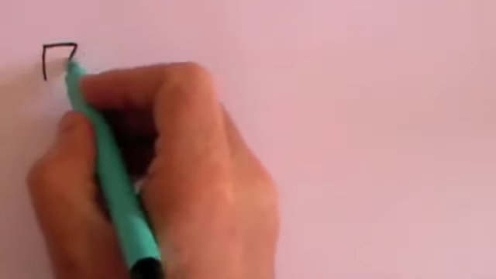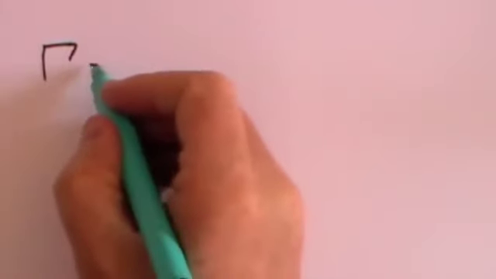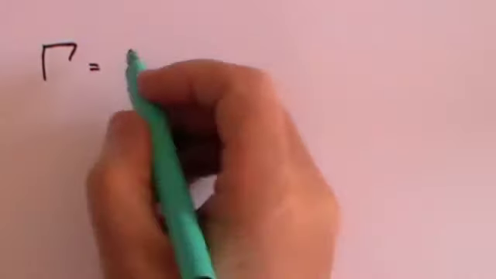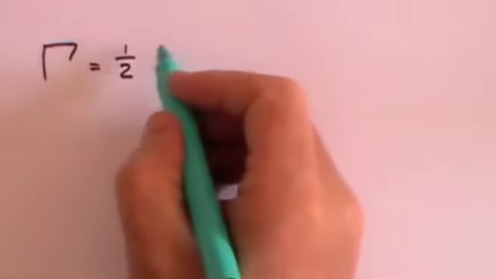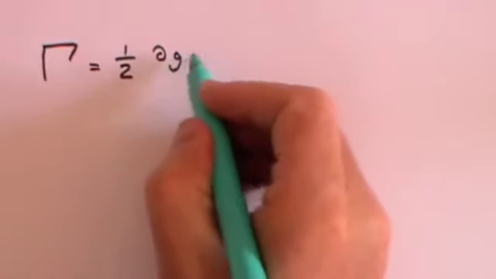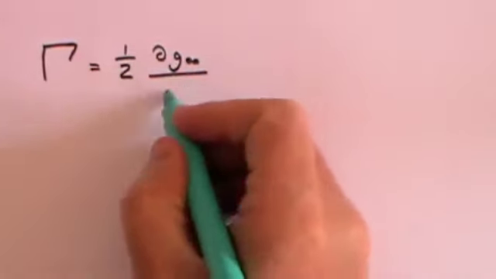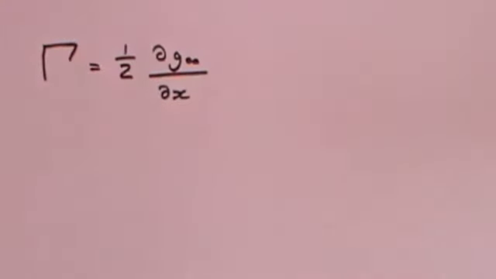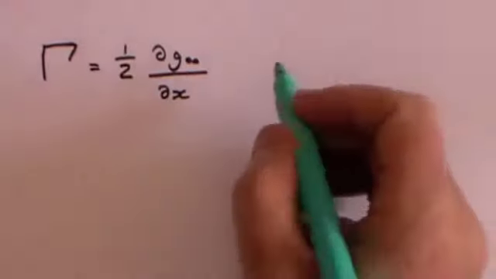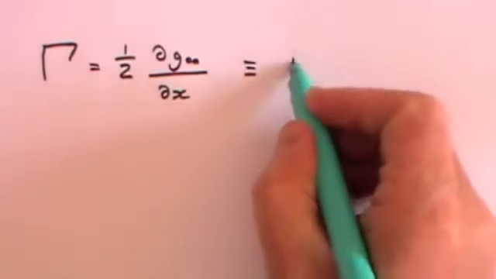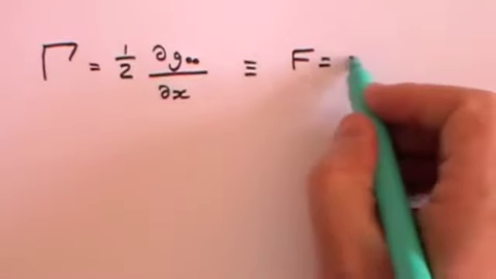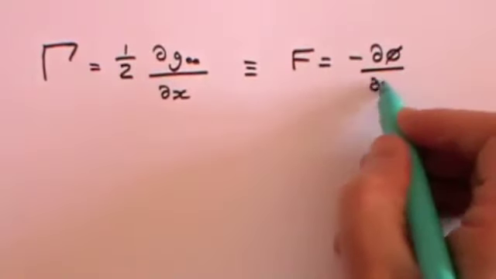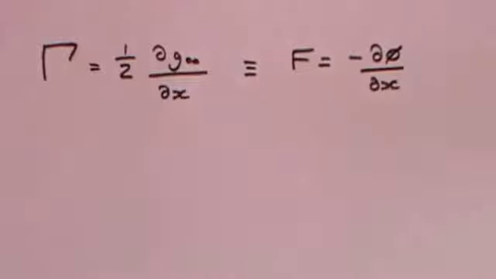Now, we just showed that the Christoffel symbol, capital gamma, is the equivalent of a force term, and in ordinary space, where we're not anywhere near black holes, it equaled the derivative of the time component of the metric tensor with respect to x. And we've also just shown that force is minus the derivative of the potential with respect to x.